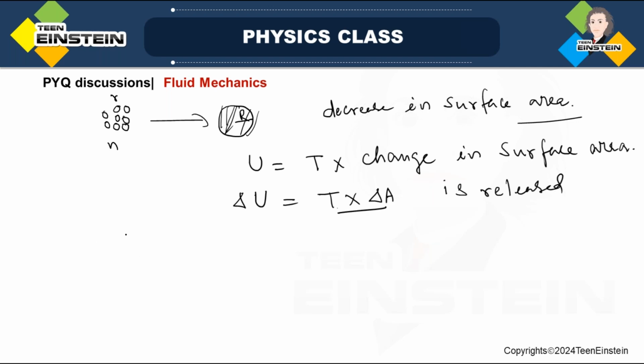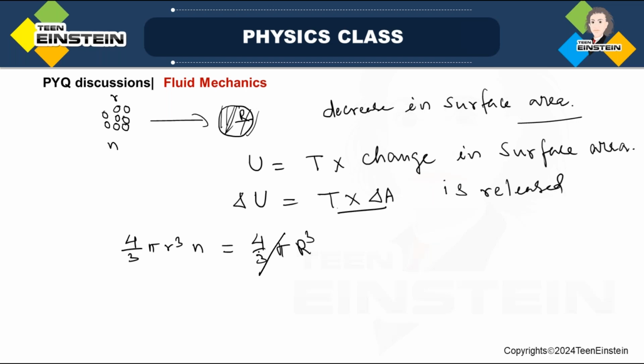So what is the area? Volume: 4 by 3 pi small r cube times n, where n is the number of drops, is equal to 4 by 3 pi capital R cube.